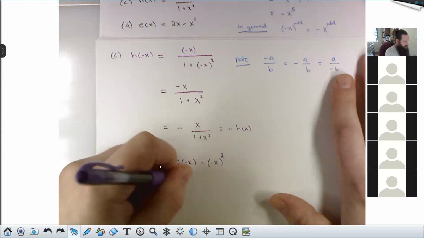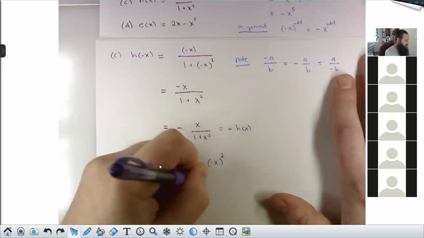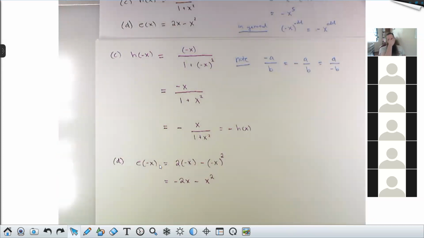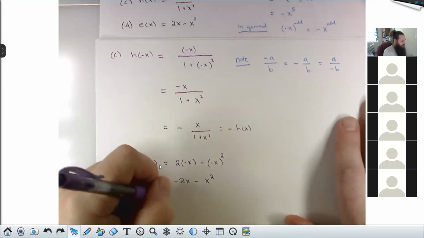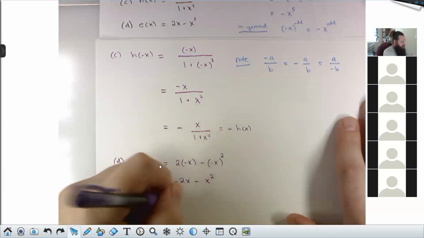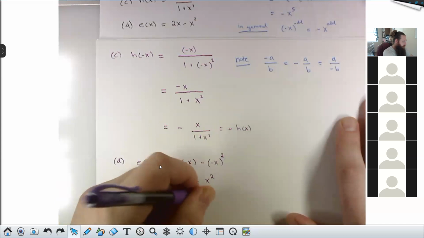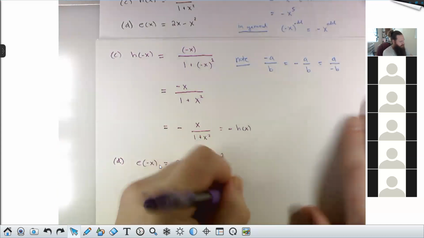Which is negative 2x minus regular old x squared, just following that same rule. And this guy, try as we might, we can factor out a negative, and then this would become 2x plus x squared.